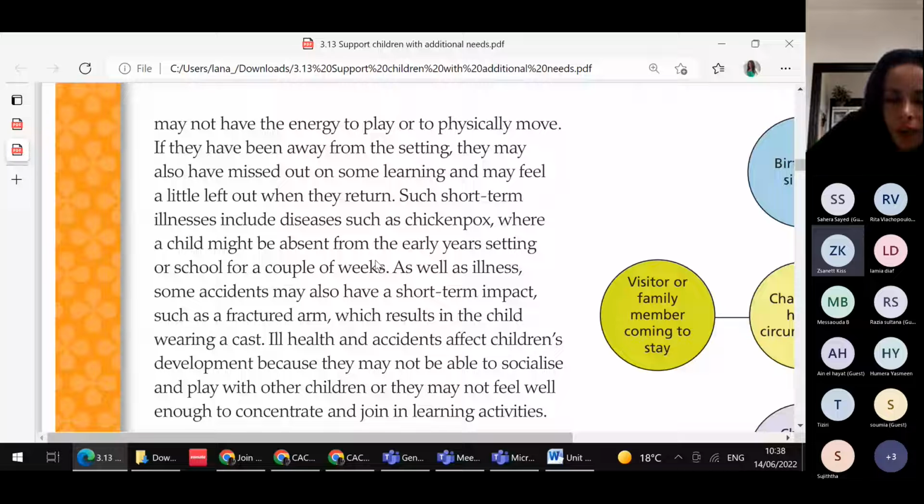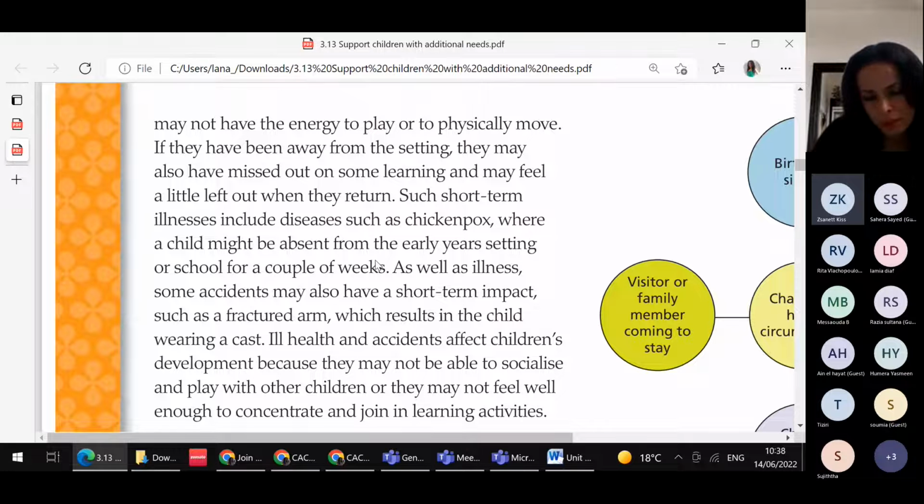So how would that affect the child? Let us say the child has got maybe asthma. They couldn't go to the school or the nursery because of the illness.